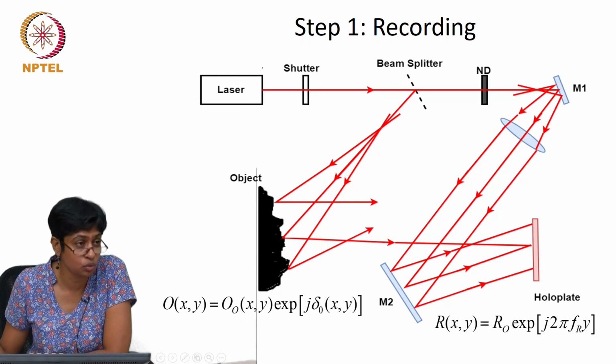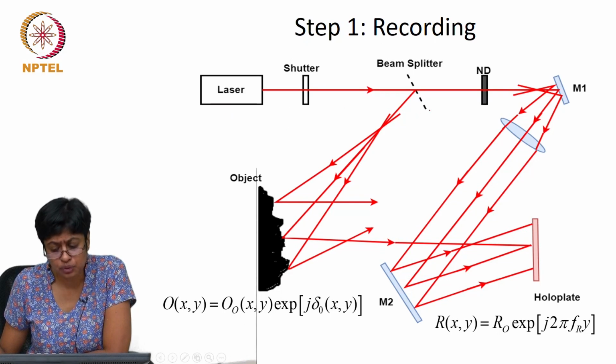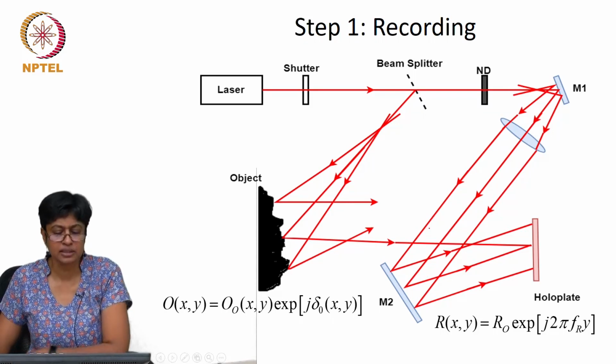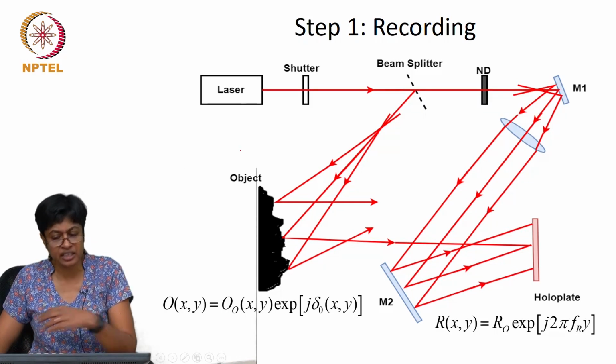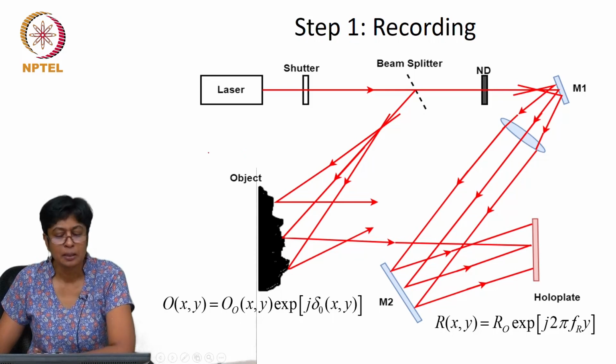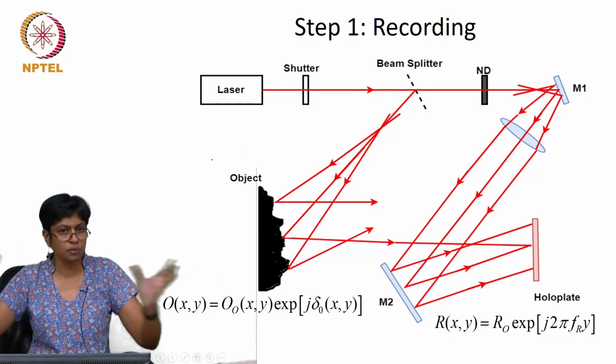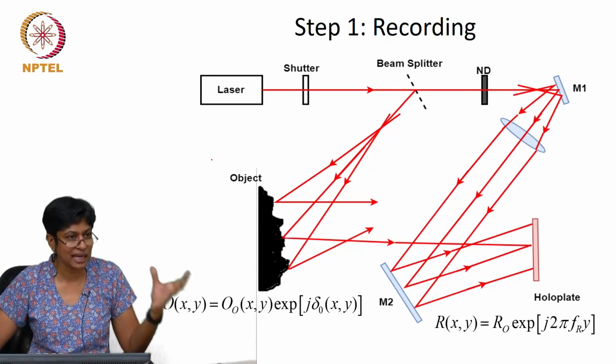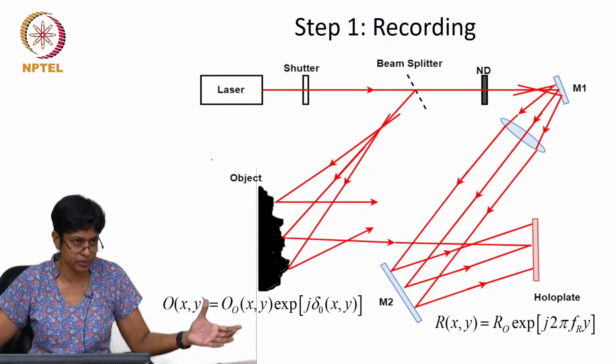Okay, so the first part, the recording part. Since it's an interference-based technique, you will have a source with a good coherence length, like a laser. I'll talk about why you have a shutter later. You have a beam splitter which will redirect some part of the beam to an object. I'm not showing you all the optics in this, but if your object was large, of course you will use appropriate optics so that the light illuminates the object.